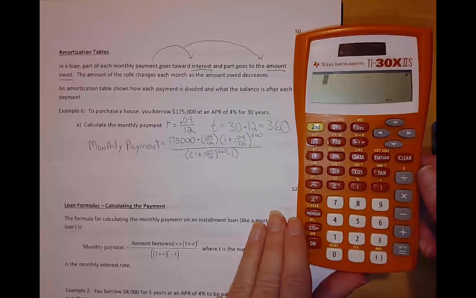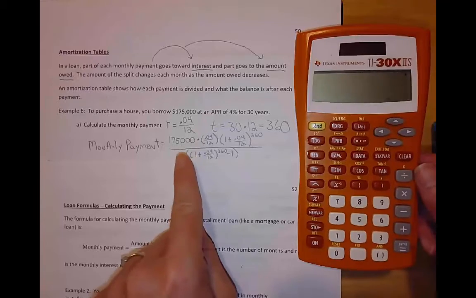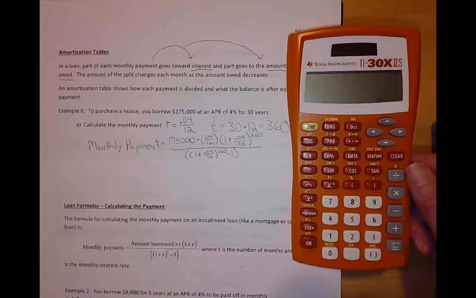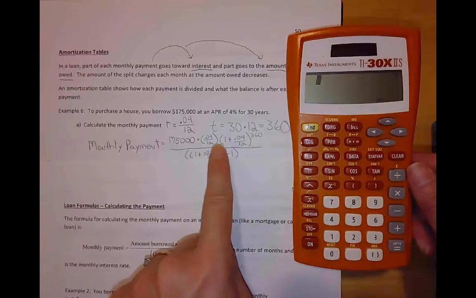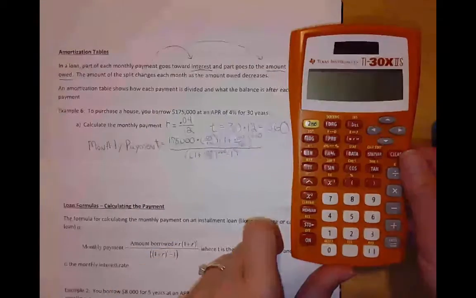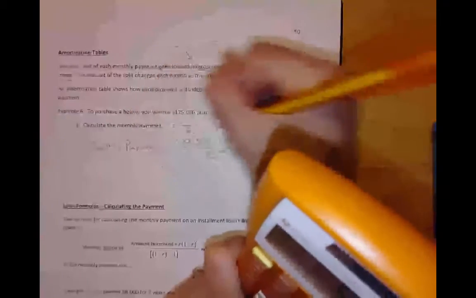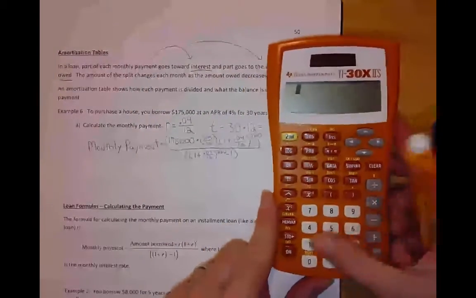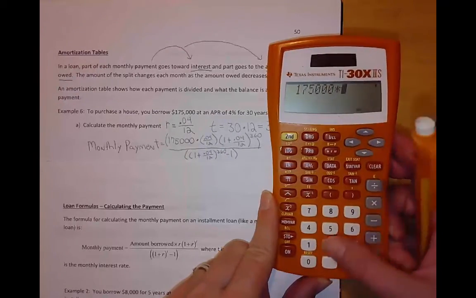All right, I went ahead and wrote out the formula, substituting $175,000 in for amount borrowed, and substituting 360 in for T as well as 0.04 divided by 12 in for my r's. I'm going to go ahead and put those understood parentheses around our numerator and then enter this into our calculator to see what we get.